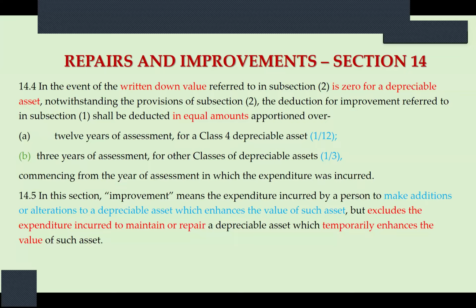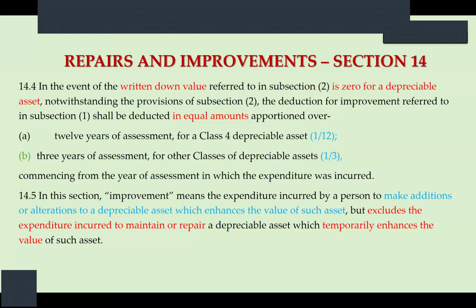If it is other than a class 4 asset, only 1/3 of the amount incurred can be given. So this is a specific insertion from the Amendment Act. For the term improvement, we have given a definition because it is very difficult to draw a line between repair and improvement.